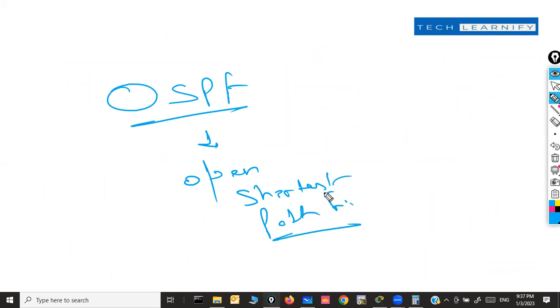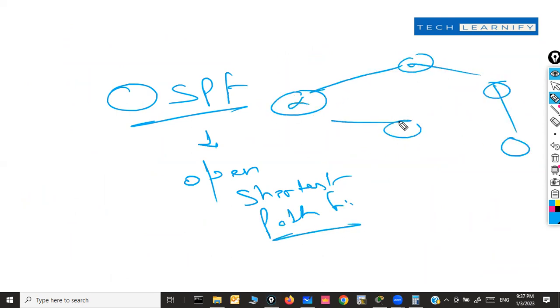This protocol automatically computes the best path to reach the destination, right? Based on the bandwidth, the data transfer rate. And if something goes wrong with any link, the route immediately gets changed. Immediately, the protocol informs the router that this path is not available, take an alternate path, right? We don't even have to put the route in manually.